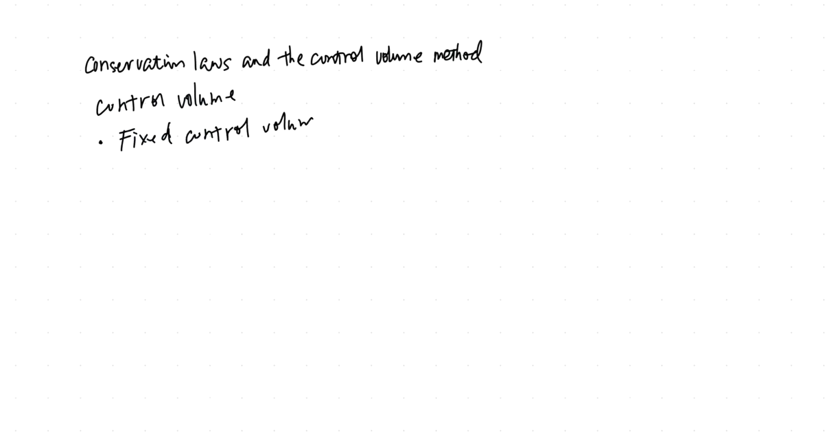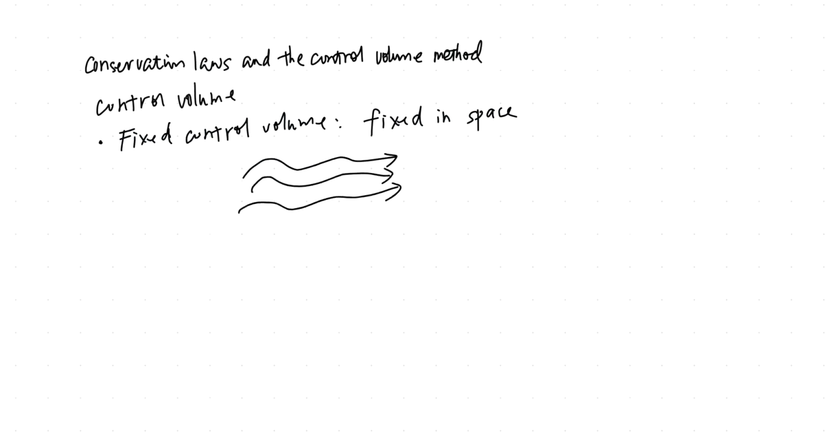Fixed control volume means the volume is fixed in space. For example, if you have some fluid motion in space, and you are looking at a specific window or space, you don't change the physical location of this control volume.